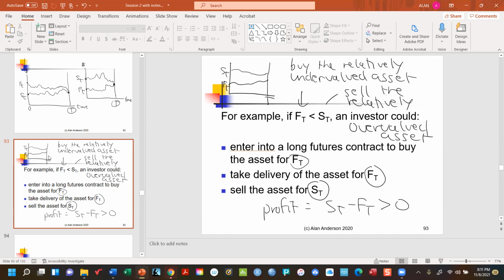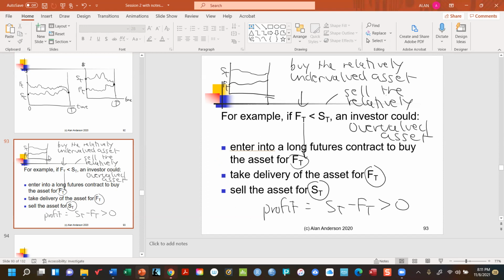S_T is above F_T. Now remember, the thrust of arbitrage is that you're buying something that's underpriced and you're selling something that's overpriced. Here, the spot asset is overpriced. So you're going to enter into a long futures contract to buy the asset for F_T dollars. Then you're going to take delivery by paying F_T on the maturity date.